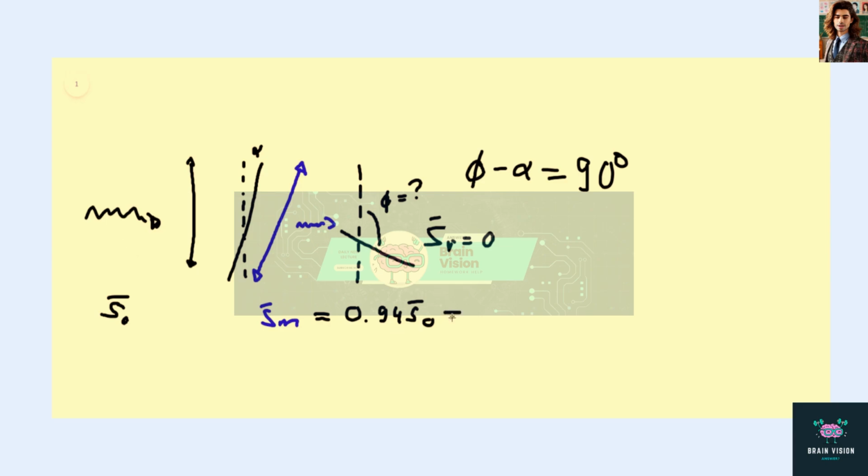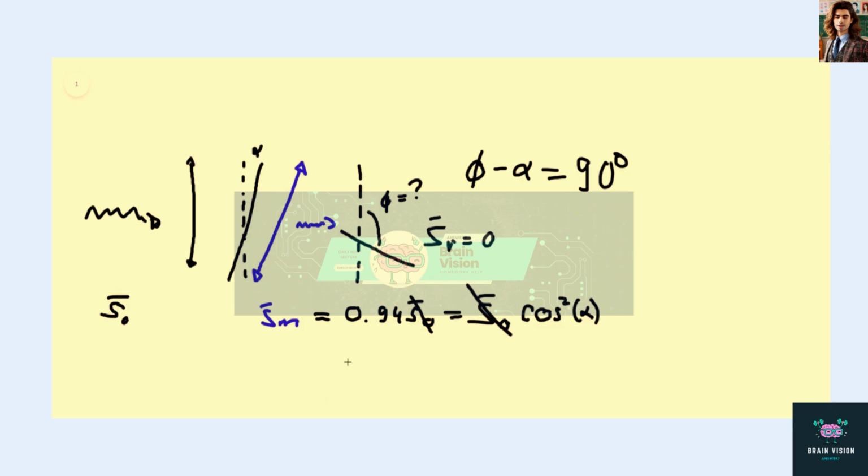And since we had polarized light to begin with on the far left, we can write the light in the middle as S bar 0 times cosine squared of the angle between the vertical and the axis of polarization of the first Polaroid. So if we call this alpha, we can actually find what alpha is.